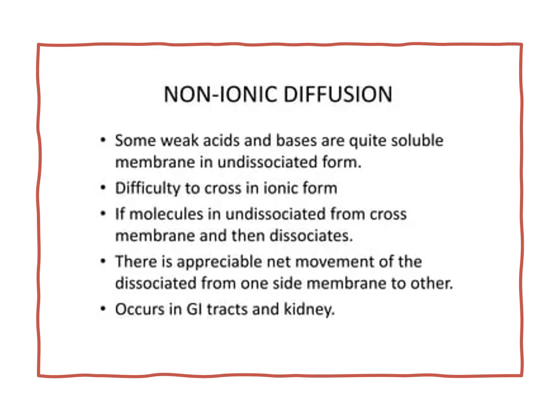The molecules of the undissociated substance diffuse from one side of the membrane to the other, and on the other side they then dissociate. This type of diffusion is known as non-ionic diffusion, and the process by which ammonia is secreted into the urine and then charged to NH4 plus is an example of non-ionic diffusion.